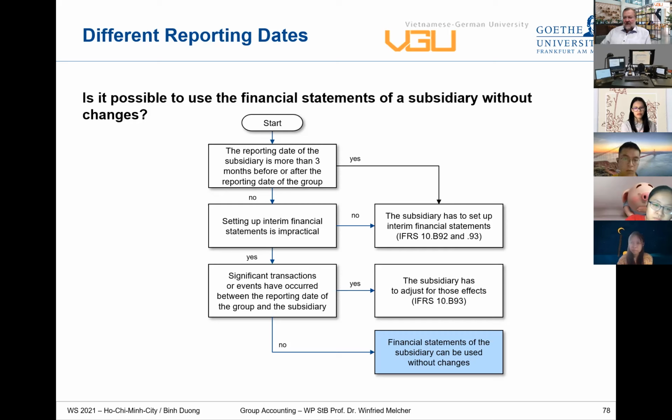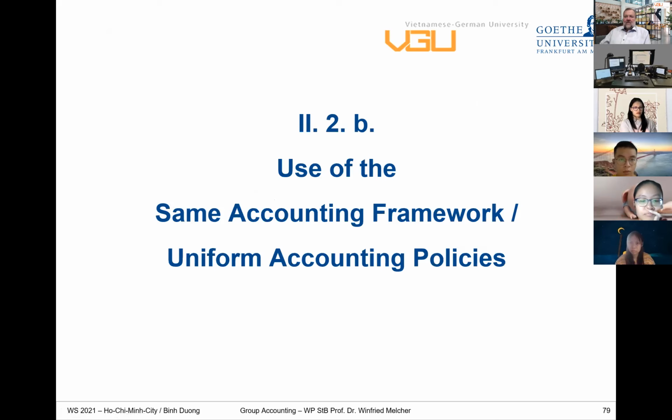If it's not material, we will not include that in the consolidated financial statements because it is not material. But I think in theory, we know we have to use the same date for all the companies that will be included. So what about same accounting framework, uniform accounting policies?